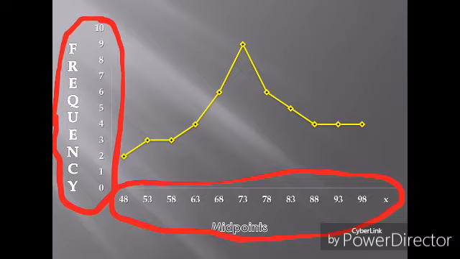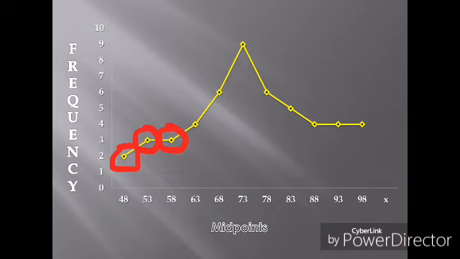For example, let's put a dot on the midpoint 48 with frequency 2, midpoint 53 with frequency 3, midpoint 58 with frequency 3, and so on. After you put a dot, connect them with a line, and this is our final line graph based on our data.